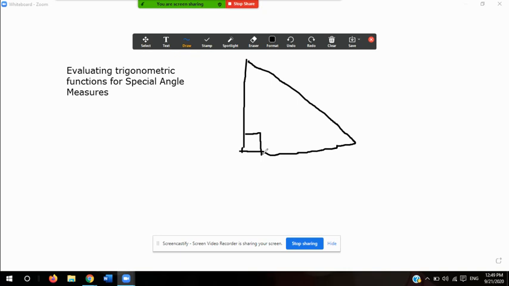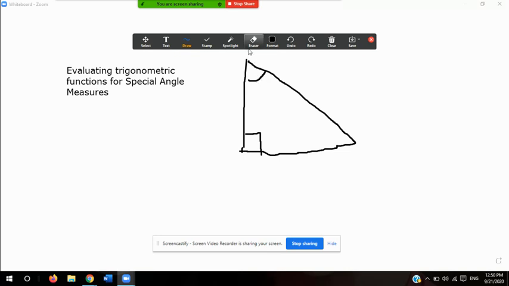But today we're going to work with special right triangles, more precisely 45-45-90s and 30-60-90s.